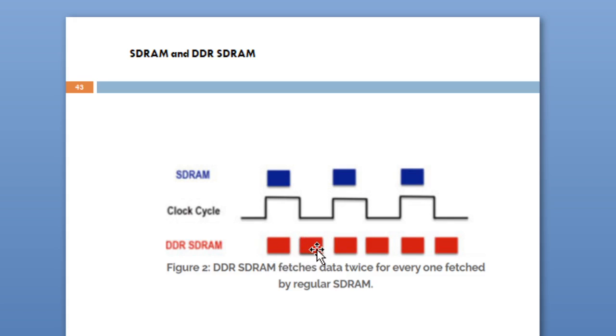So here it is double. In standard SDRAM, in these 3 clock cycles we can transfer only 3 data blocks, but in DDR we can transfer 6 data blocks. So it is twice that of standard SDRAM. That's why the name double data rate SDRAM.